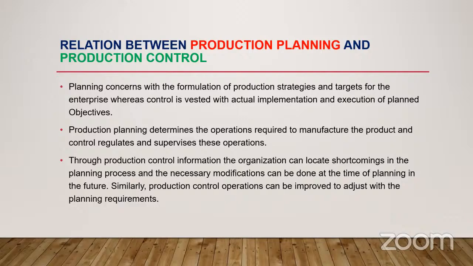If you don't make the planning properly, it is very difficult to obtain your goal. Therefore, it is necessary to make some modifications according to the requirement from time to time. Then we can achieve our goal in the near future.